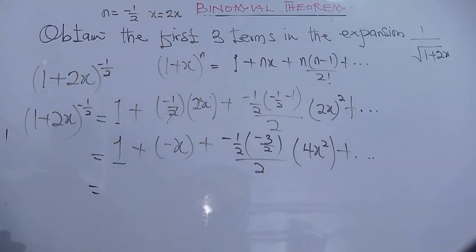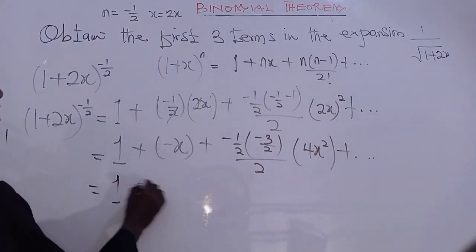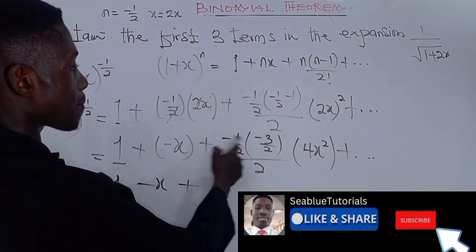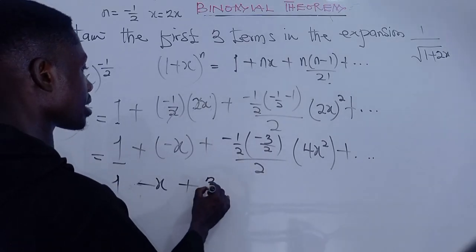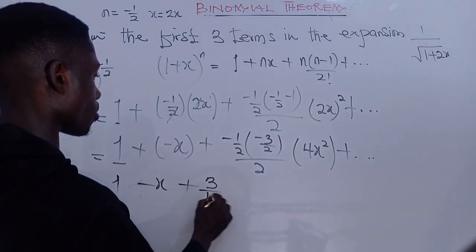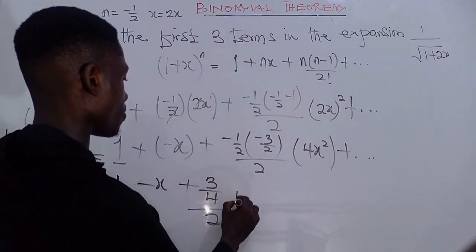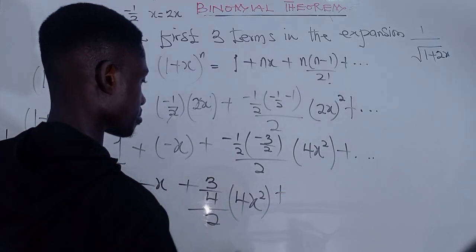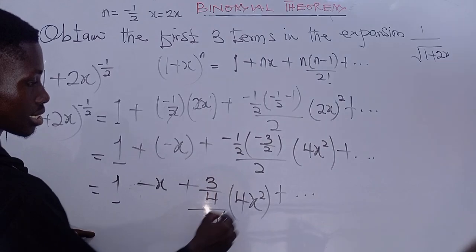So let's do some small algebra here. This is going to give us minus x. Negative times negative will give us positive. So we have positive 3 all over 4, and this is over 2, and then we have 4x squared. You can see that this can cancel this.